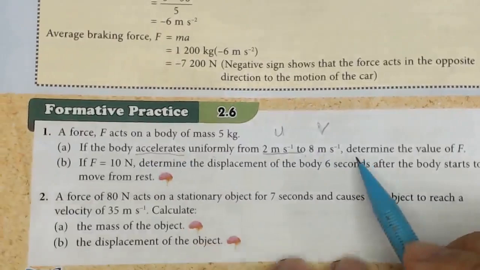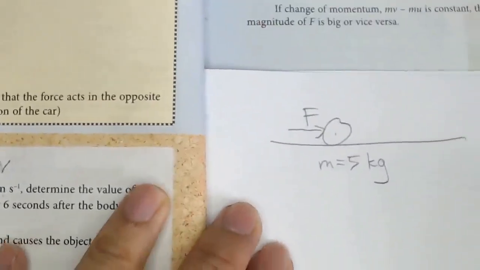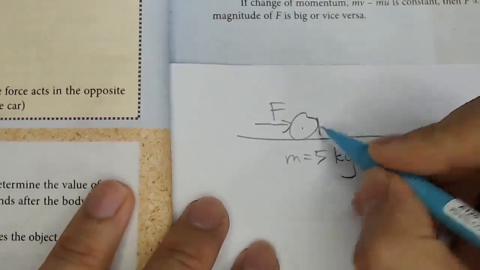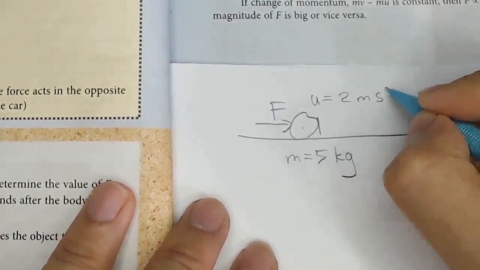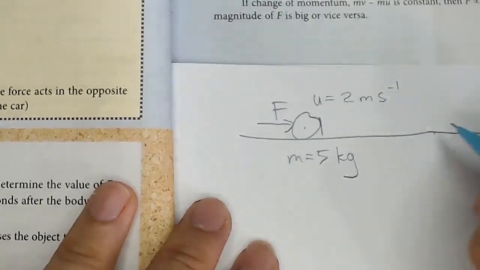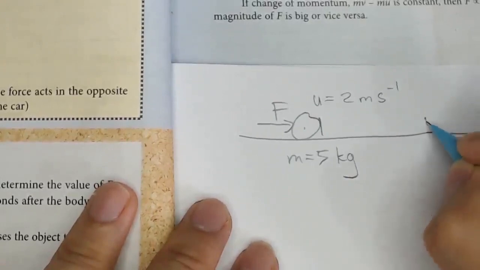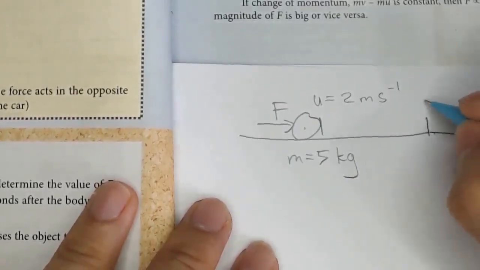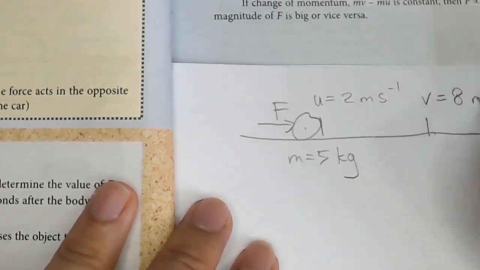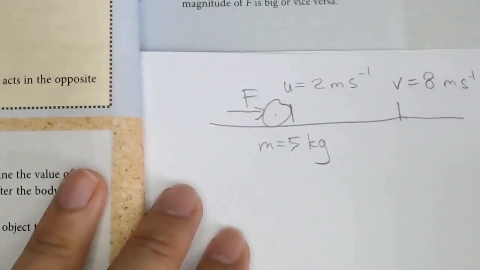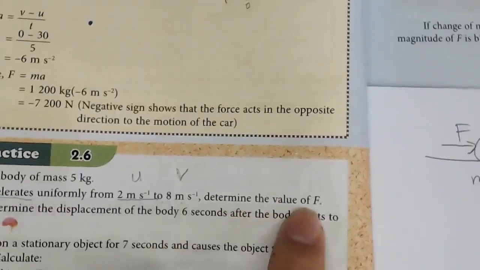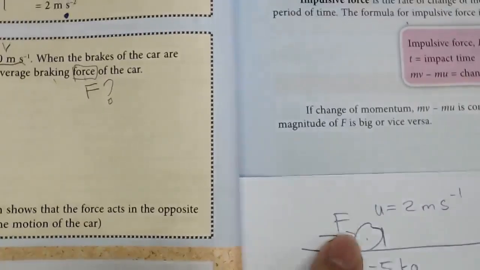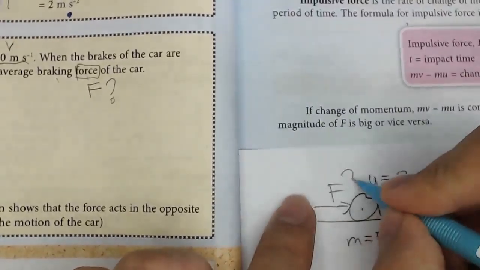Correct. Determine the value of F, so wait, we need to transfer all the data here. So start with u equal to 2 meter per second, and it rises to v, to 8 meter per second. Okay, this is how you are supposed to draw. Determine the value of F. Here it is. You need to find this value of F.